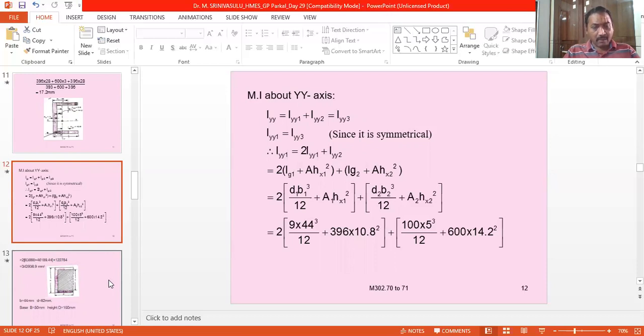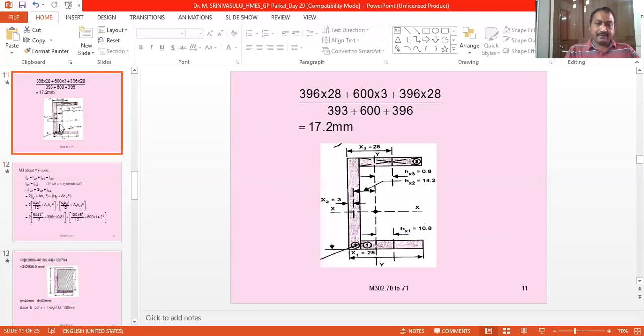Moreover, the two flanges, flange 1 and flange 3, have equal distances from this x axis, and also equal dimensions, equal length and equal thickness. The length is 44 millimeters and the thickness is 9 millimeters.